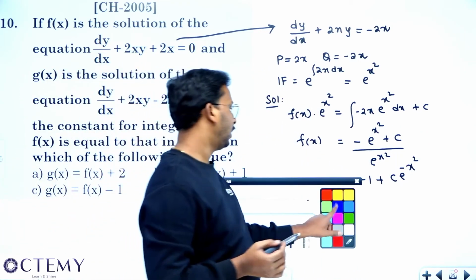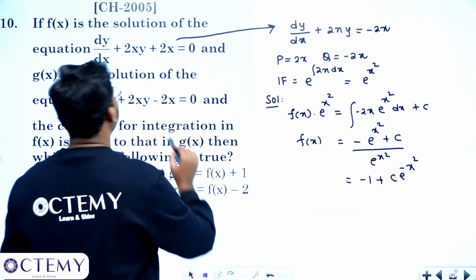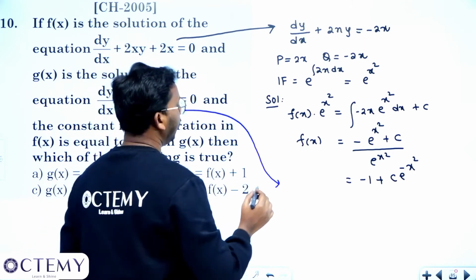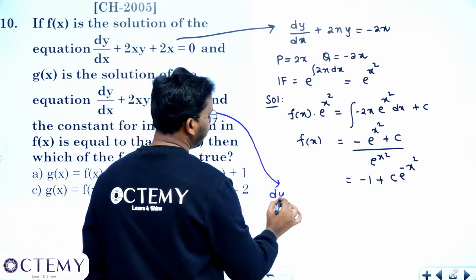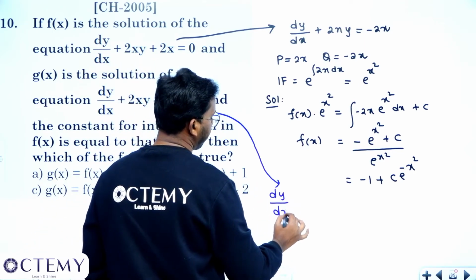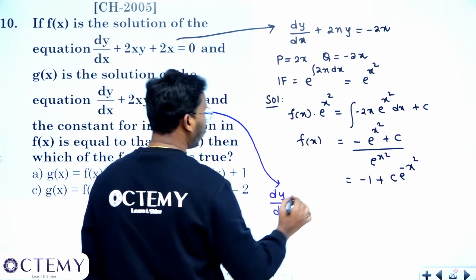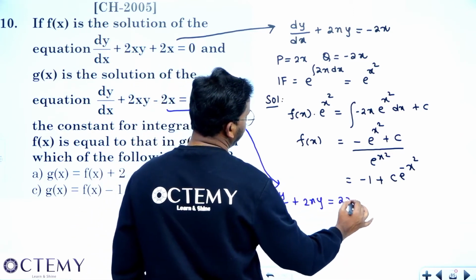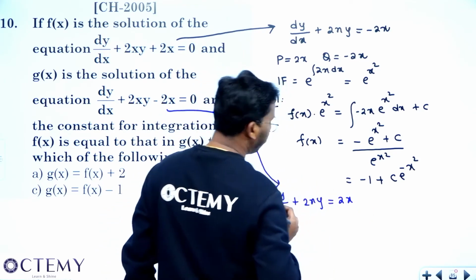That is this solution, sir. If I want to find this solution, what will it become, sir? It is basically dy by dx plus 2xy is equal to 2x, because the minus sign goes to that side and it becomes 2x.